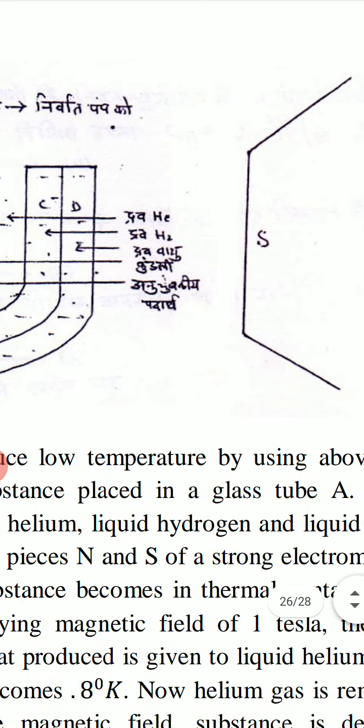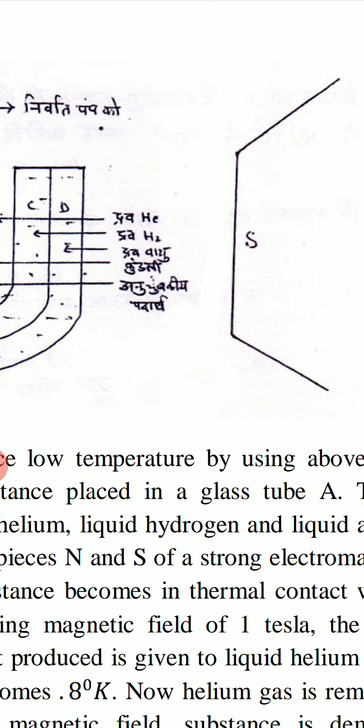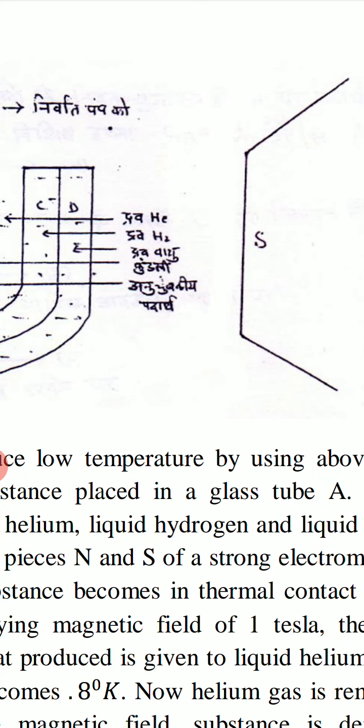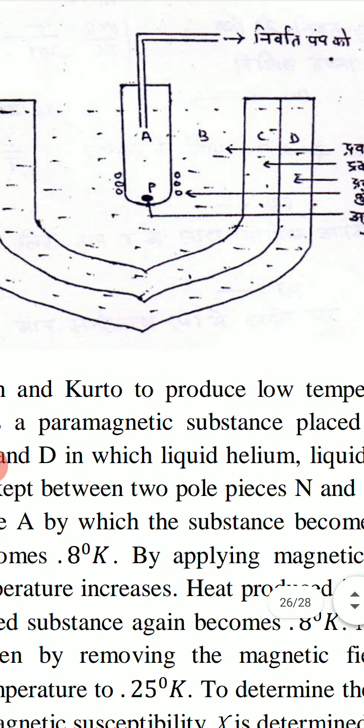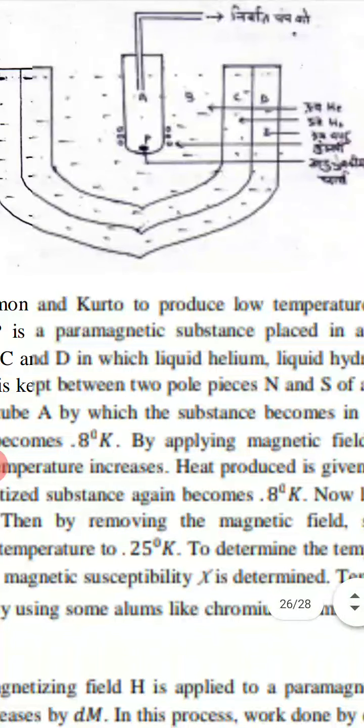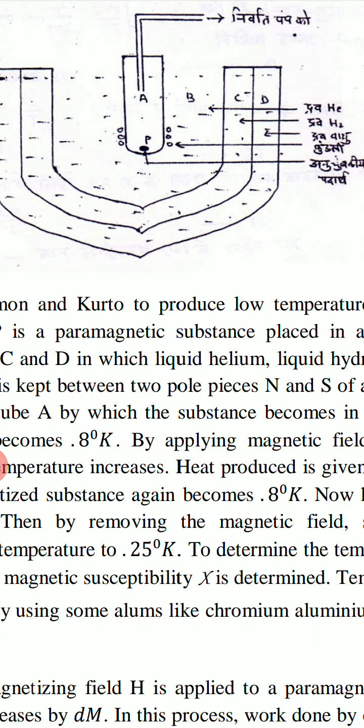The magnetic field is removed suddenly, rapidly. So now the temperature of this paramagnetic substance will decrease.